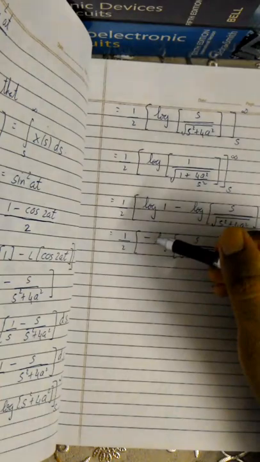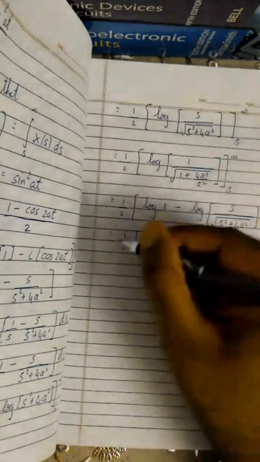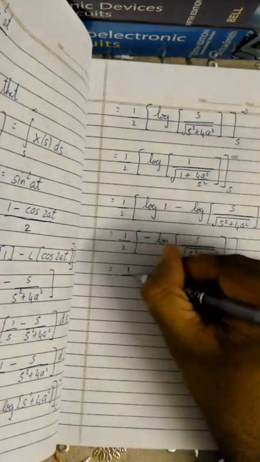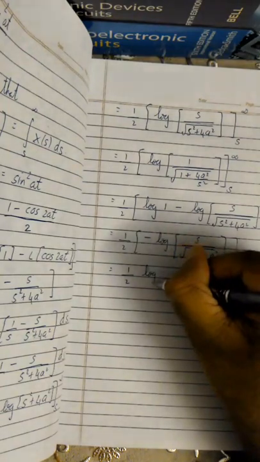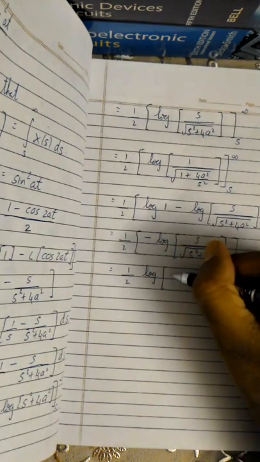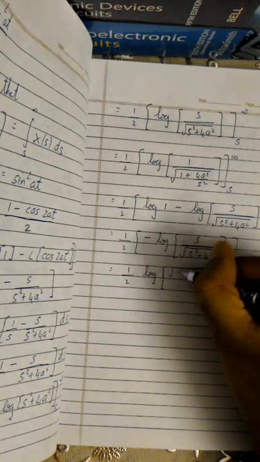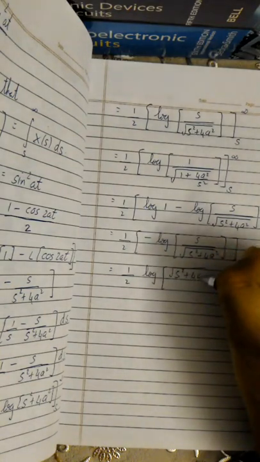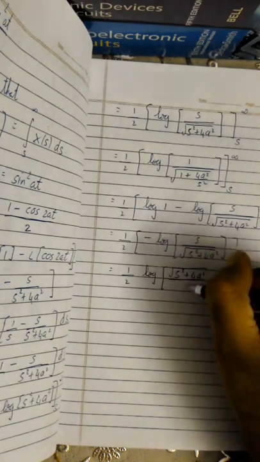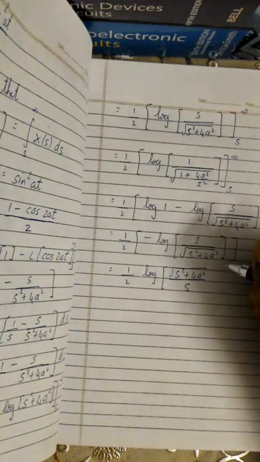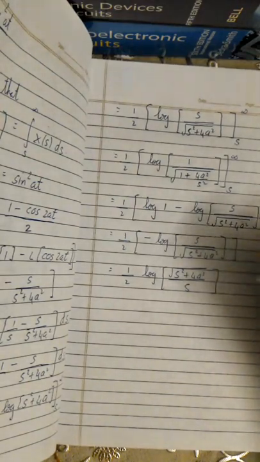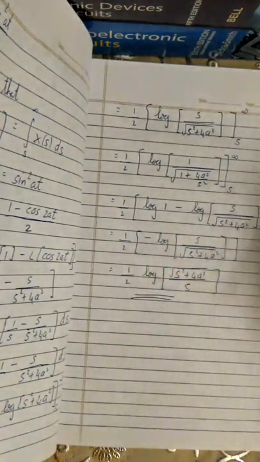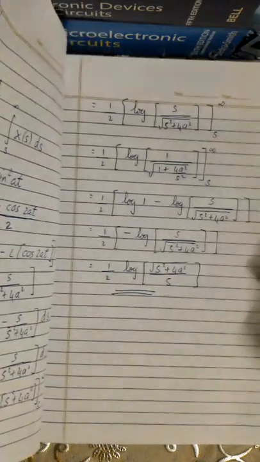Now if I take the reciprocal, this minus will disappear, so it will become 1 by 2 log of root of s square plus 4a square by s. This is your answer.